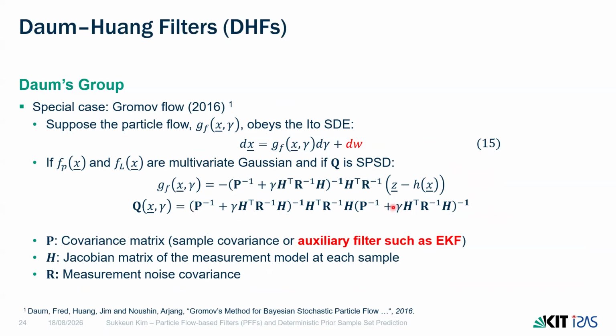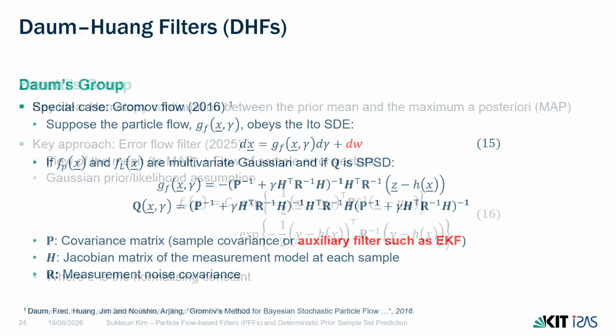For the diffusion term, in the real code implementation we do the Cholesky decomposition of this covariance matrix, multiply by a random number, and add it to this flow. Again, we need the auxiliary filter here to estimate the covariance.